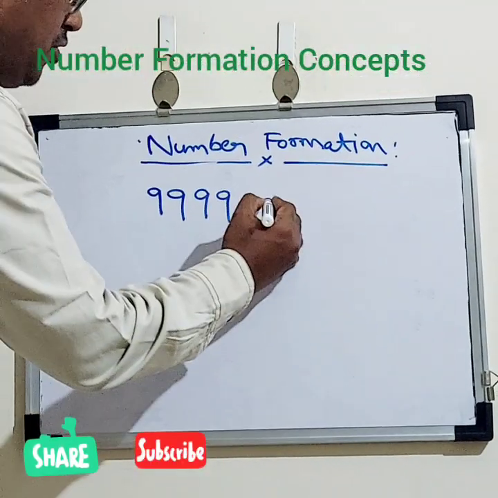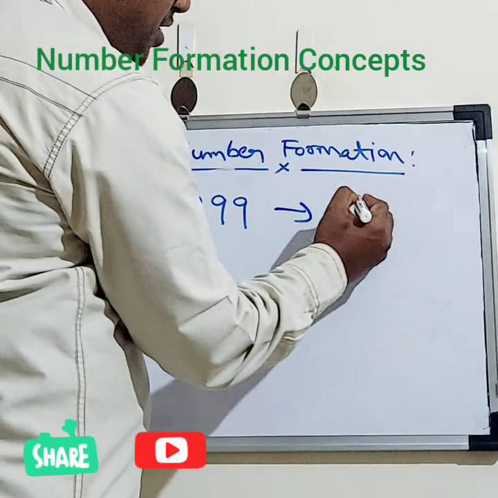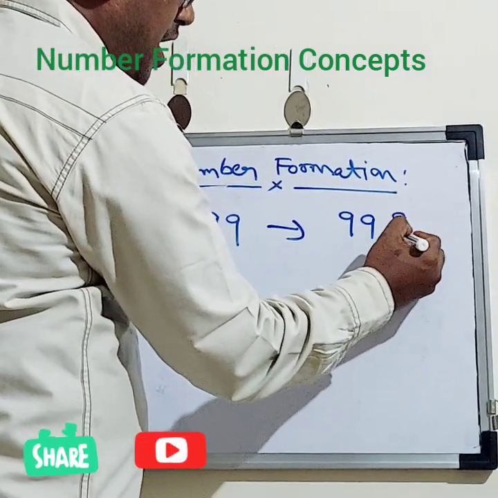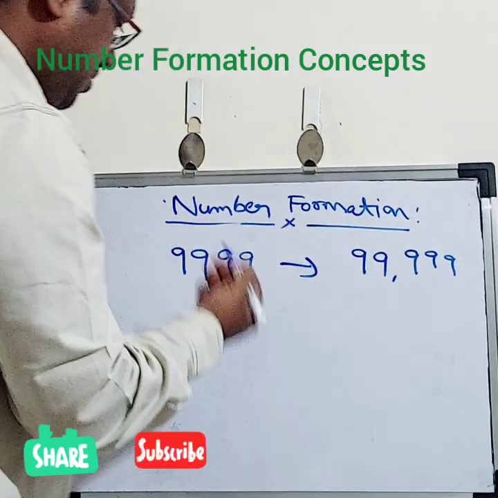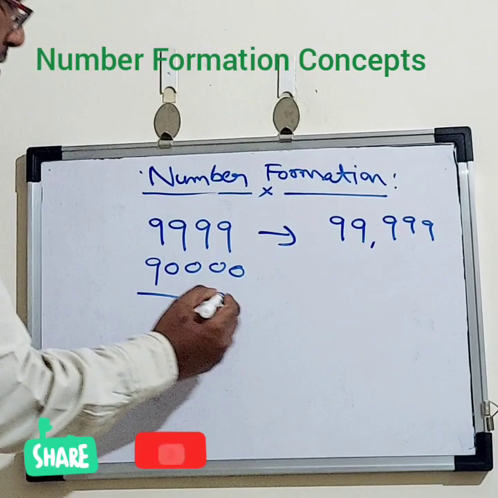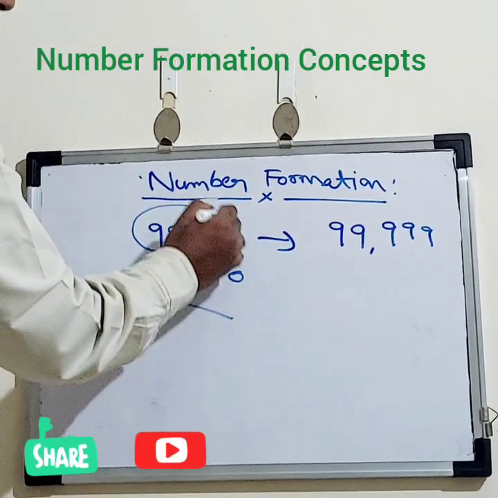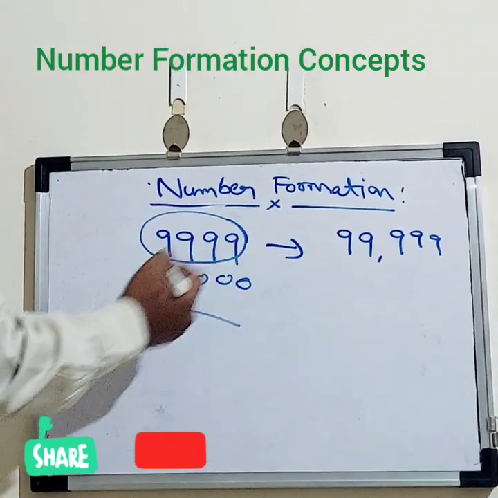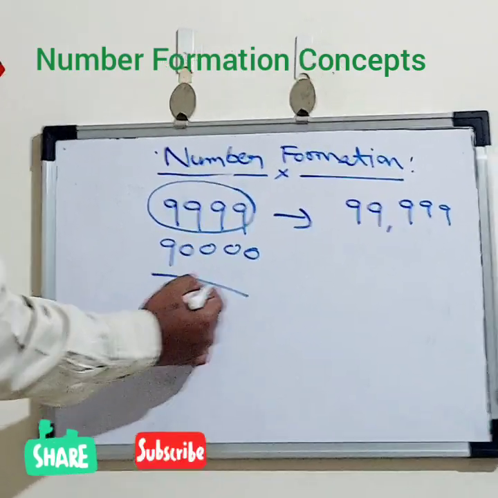Simple answer. What is the highest 5 digit number? It is 99,999. So just add 90,000. Why 90,000? Because the first 4 digits are already occupied with 9999. So if you add 90,000, it will give the value 99,999.